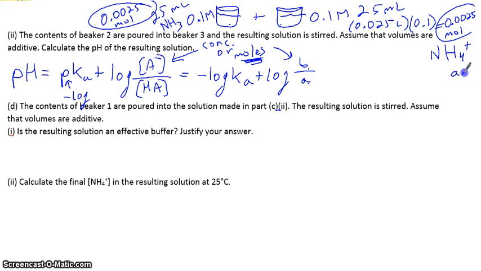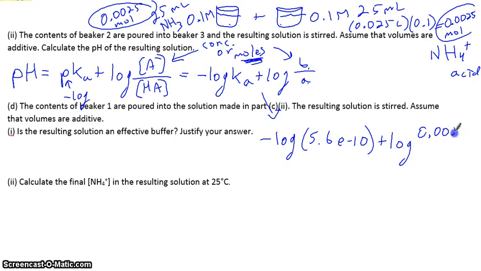So this is acid. So what we have in the solution, let me get a little more room if I may, we have negative log of Ka. In our case, the Ka of our acid is the one we just calculated, 5.6 times 10 to the negative 10, plus log of 0.0025 over 0.0025.